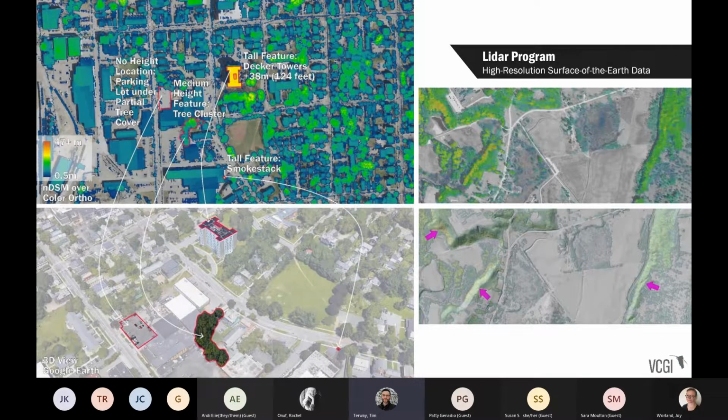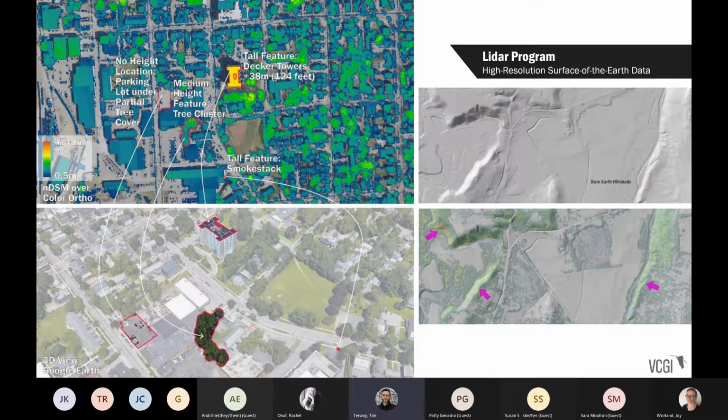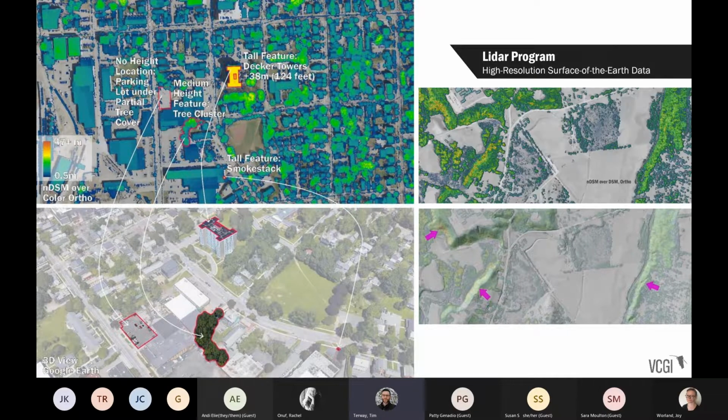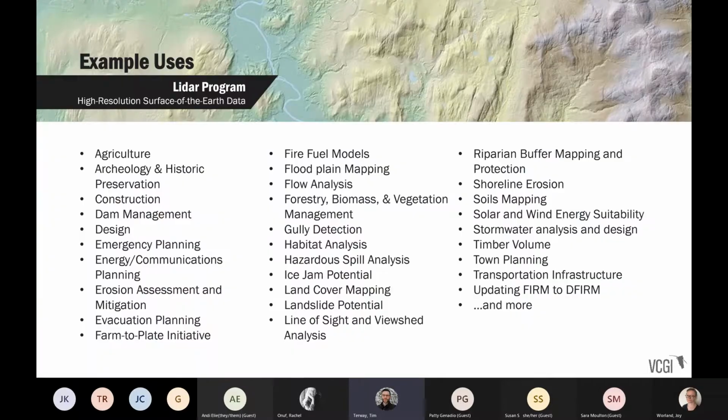And derivative products, for example, looking at what we call the normalized digital surface model that shows you things like the height of trees and the height of buildings. They're super useful, as you can imagine, to folks interested in forestry or interested in urbanism, trying to understand how tall is that object. Well, we have data that can help answer those kinds of questions. There are many, many types of users and uses that come out of this, from simple to complex.